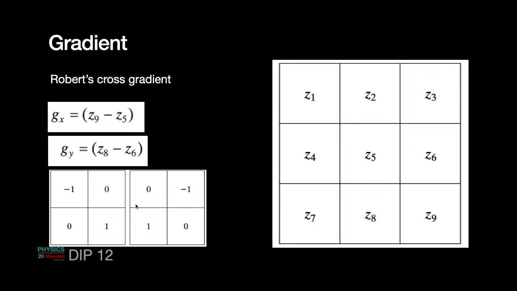If you implement it, say for this one here, then do a convolution, that is the sum of products, and it will give you perfect results. 0 multiplied by z5 is 0, vanishes. 0 multiplied by z9, 0, vanishes. Minus 1 multiplied by z6 will give you minus z6. 1 multiplied by z8 will give you z8. z8 minus z6 will give you the cross gradient. These are called Robert's cross gradients, named after the person who first published them.